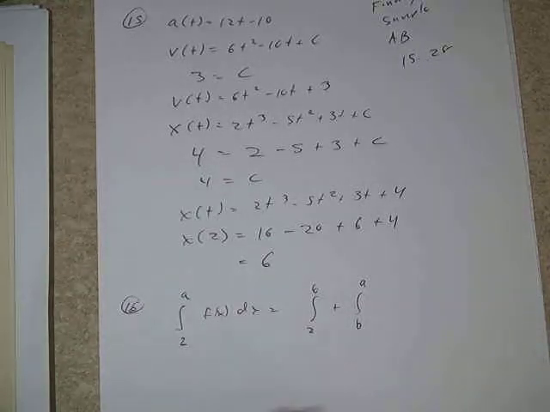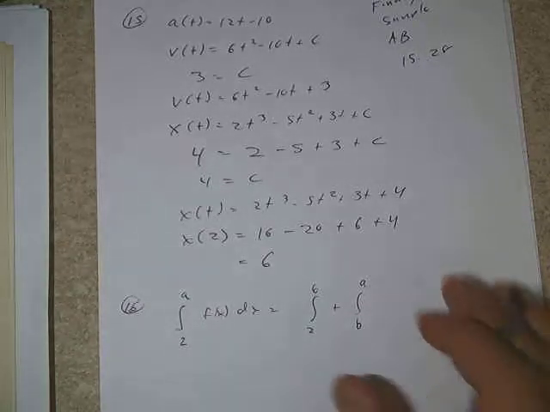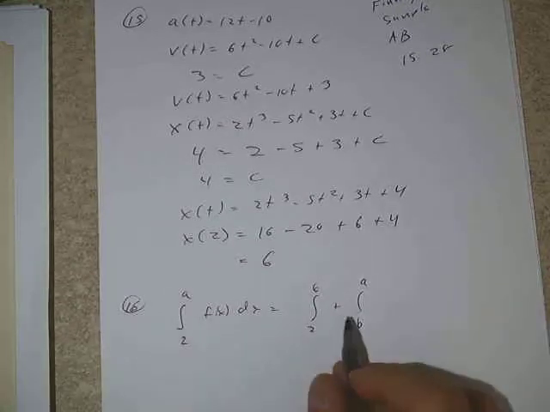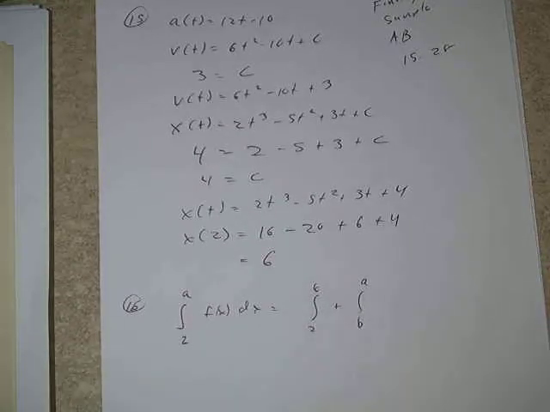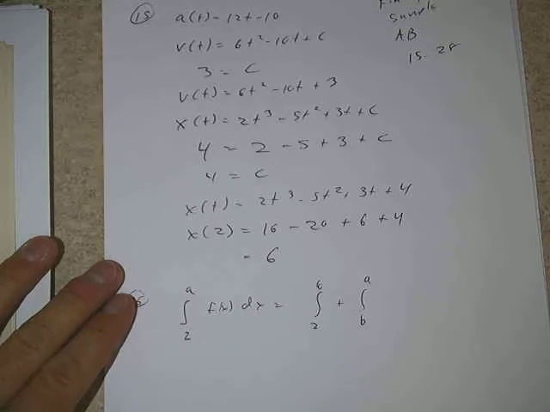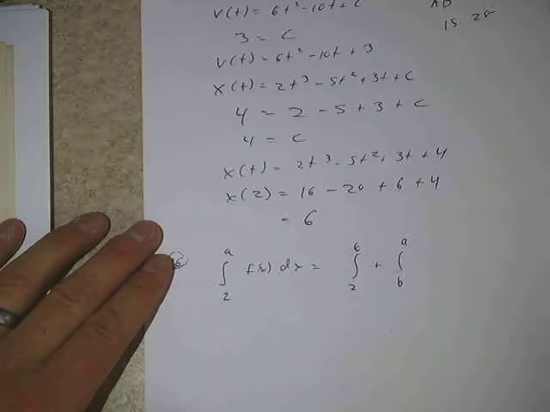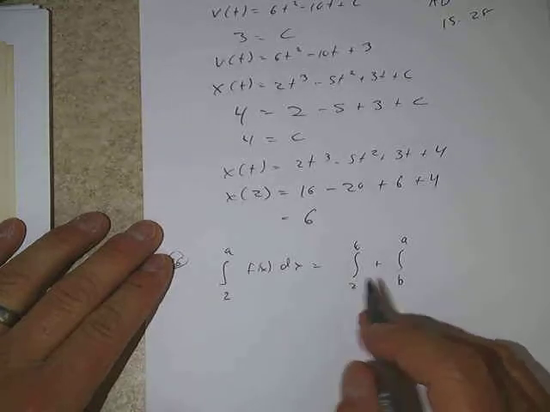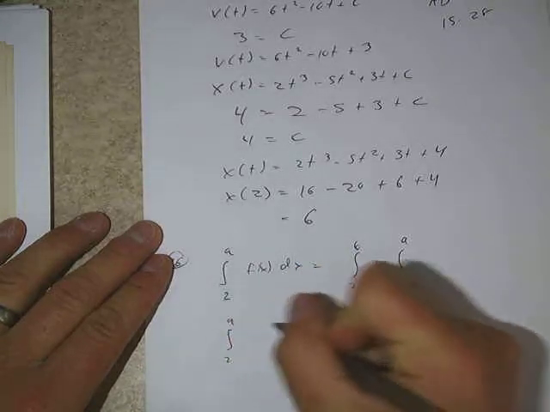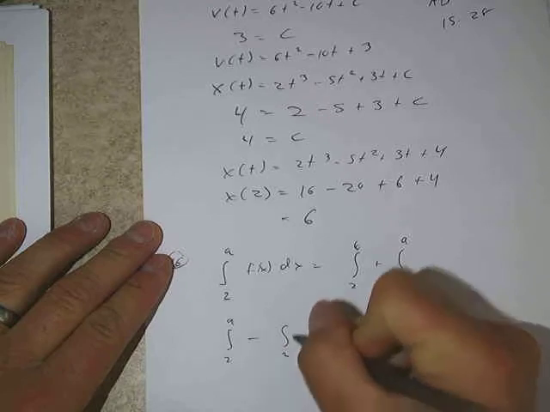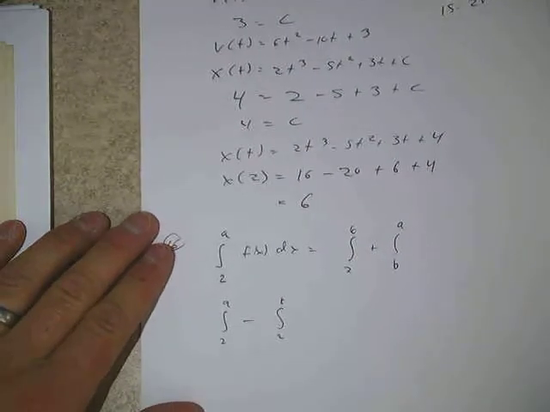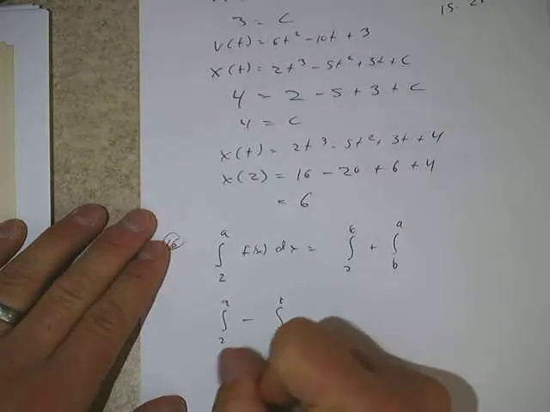Alright. If we look at our choices, our choice ultimately is going to be to decide whether, using our properties, this is true. So what I would suggest is that if you subtract this one to the other side, your sentence would read integral from 2 to a minus integral from 2 to b.